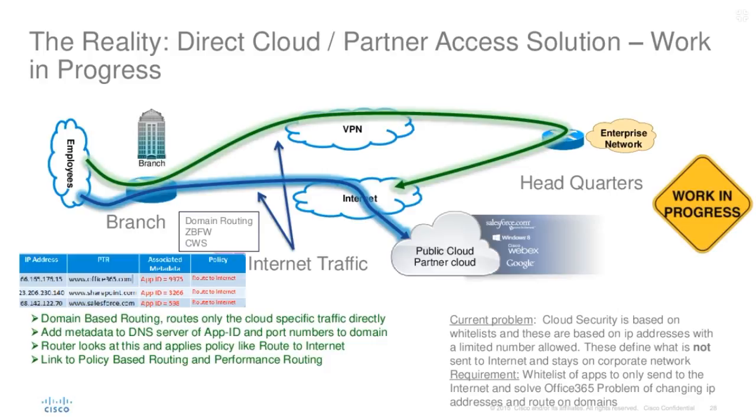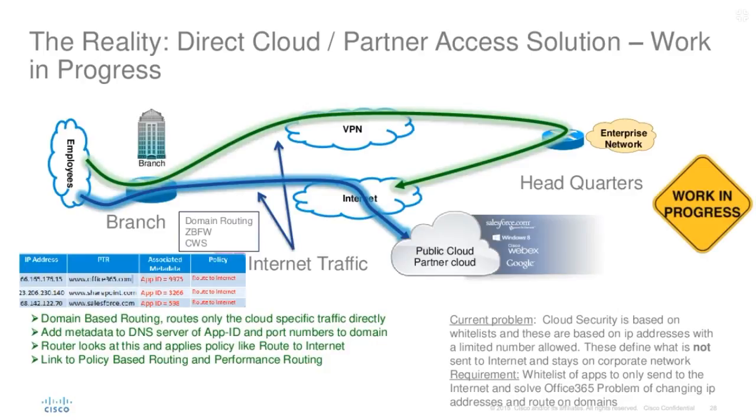So the model itself may get in the way, and then the number of these that you can have will get in the way also. And this is still built along the idea of defining the IP address itself. So for the cloud web proxy vendor's model, you've got to take a look at that and see, okay, in that model, how do I do this? Do I have enough of them? And can I really define what I'm looking for with this list of applications that I want to route out there?